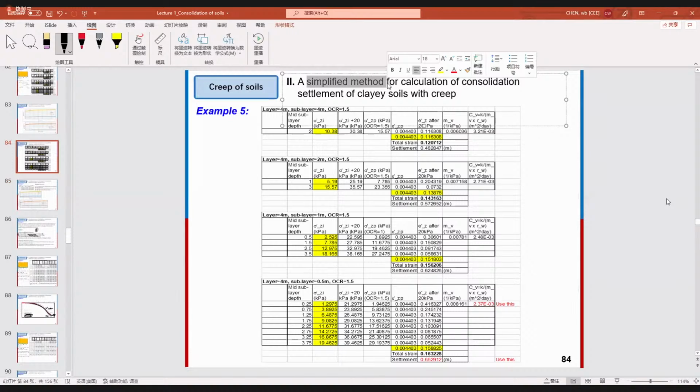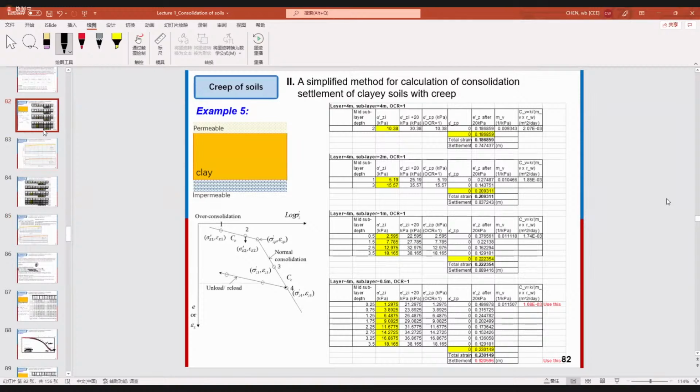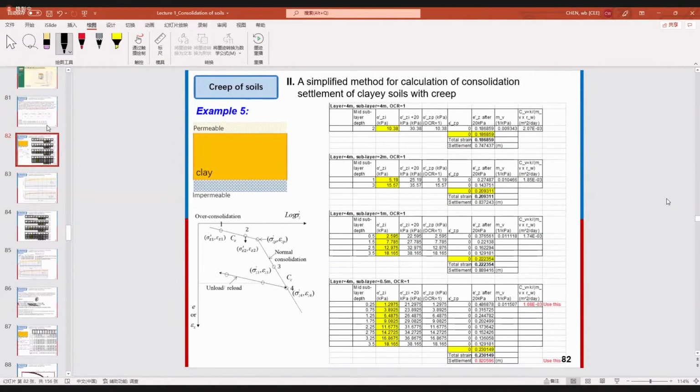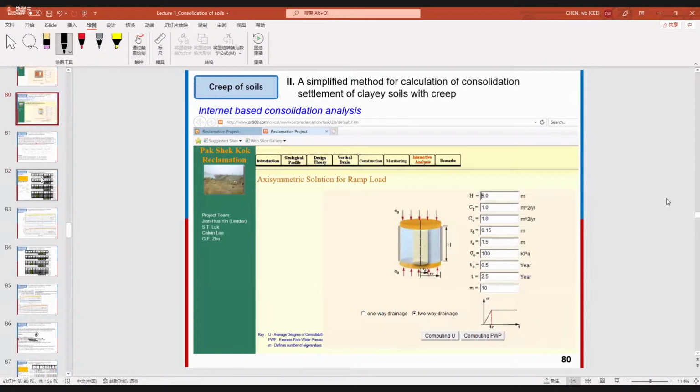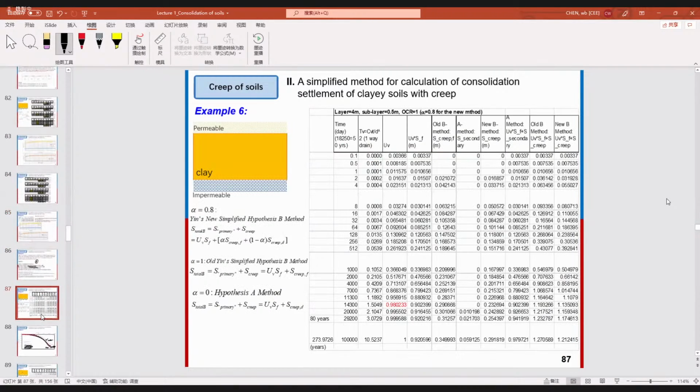It's really simplified for you to do the calculation. The only thing is to understand the reason and the concept behind, to know more about this method. So the calculation should be okay.